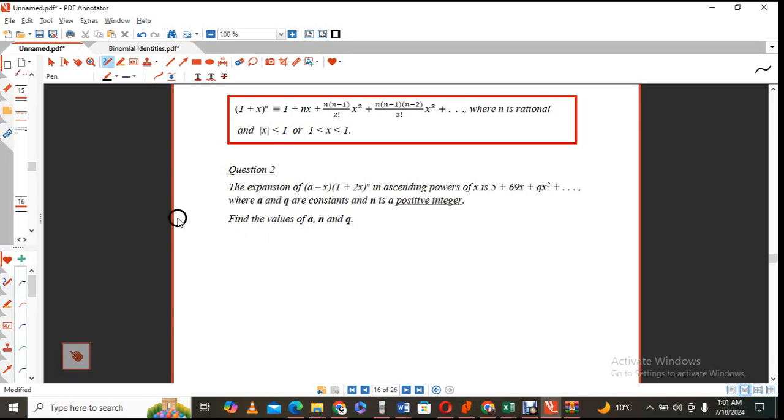I'll take the (1 plus 2x) raised to the power of n and find the first 3 terms using the binomial expansion.